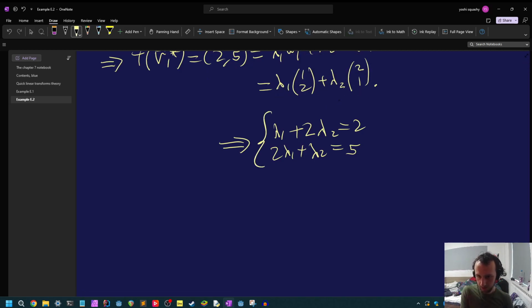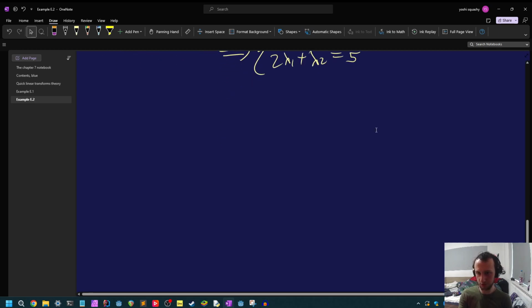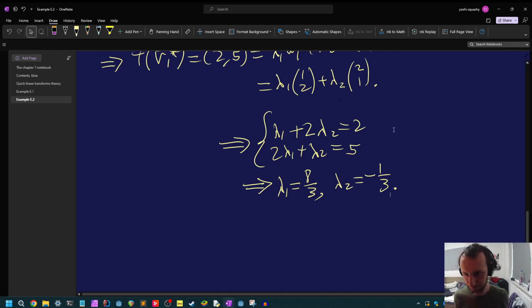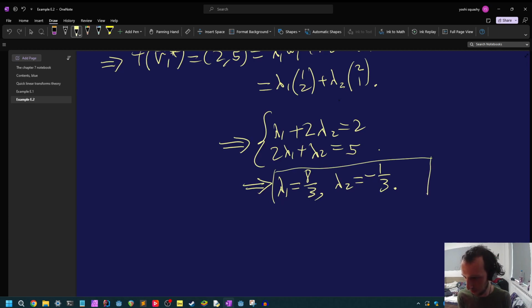Okay, let's clear that up a bit. So we get this system of equations, and now you could do this by hand, but we're going to be doing this quite a bit, and it's more important the overall logic and algebra in general. Doing a simple equation like this, we just throw into a calculator, and when you do that, you can check yourself if you want, or with a calculator, get lambda 1 equals 8 over 3, and lambda 2 equals minus 1/3. Alright, and these will be useful to us later, so maybe I'll put a box around them so we can find them a little easier later.